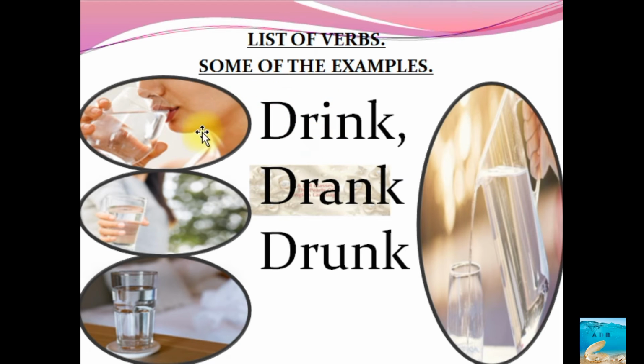Now the word drink represents a unique feature of an action being done at a certain stage by a person. That action is given the present tense form, or it is called drink. It is labeled as drink. It's just a label.